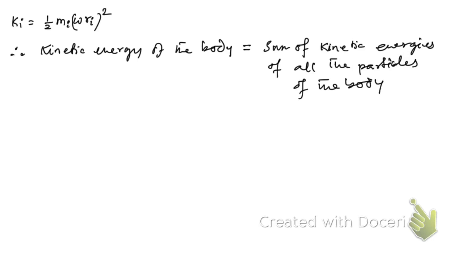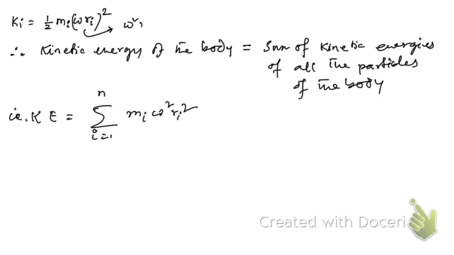So that can be expressed by Ke, kinetic energy, equal to summation i equal to 1 to n, suppose if there are n number of particles, then it will be given by m omega square ri square, right? So this can be written as omega square into ri square. So this is the kinetic energy of one particle.